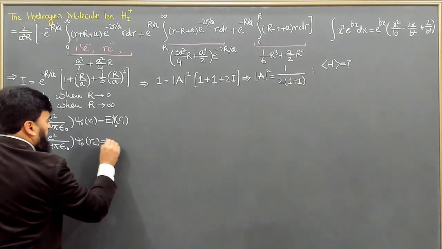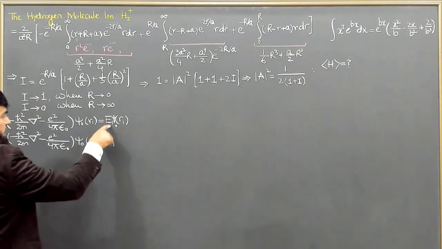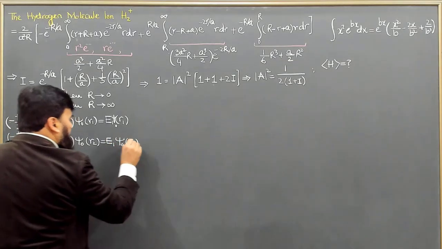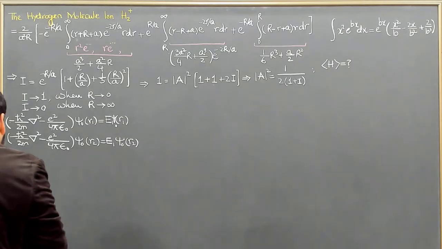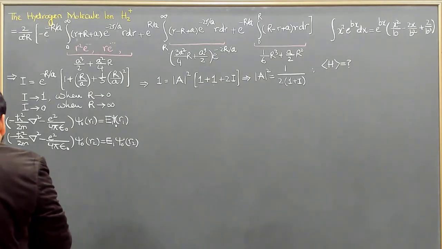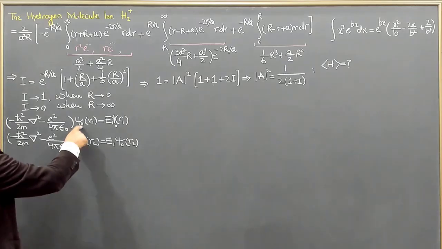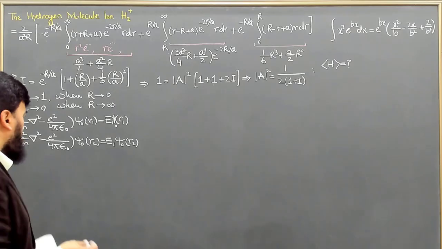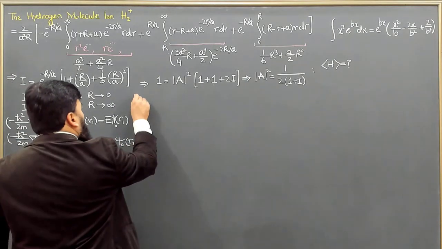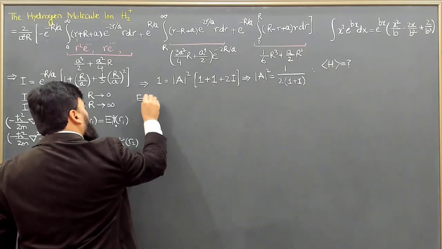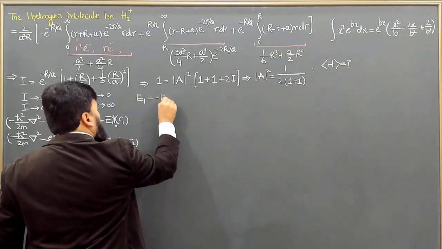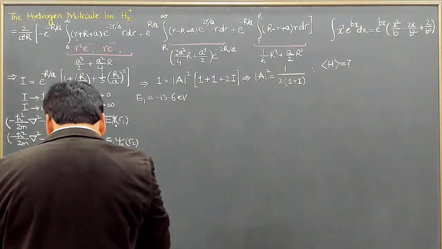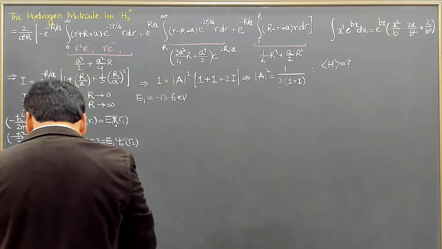We have the energy is the same, E1, in both cases the same, psi naught R2. So having this in mind, psi naught R1 is the ground state wave function, while E1 is the ground state energy of a neutral hydrogen atom, which is minus 13.6 electron volts, as we know from our previous knowledge.